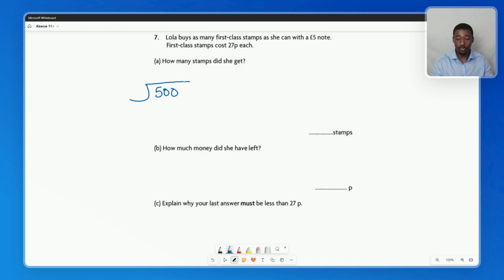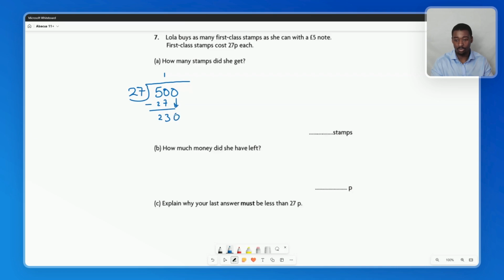And we are dividing this 500 pence by 27 pence. So here, 27 goes into 50 once. And how much do we have left over? Well, it's going to be 23, because 3 gets us to 30, and then 20 to 50.